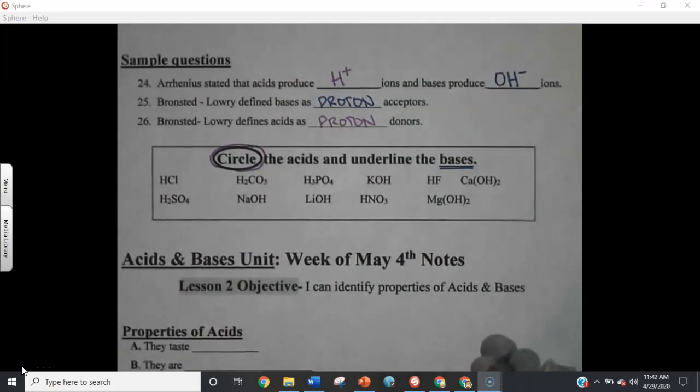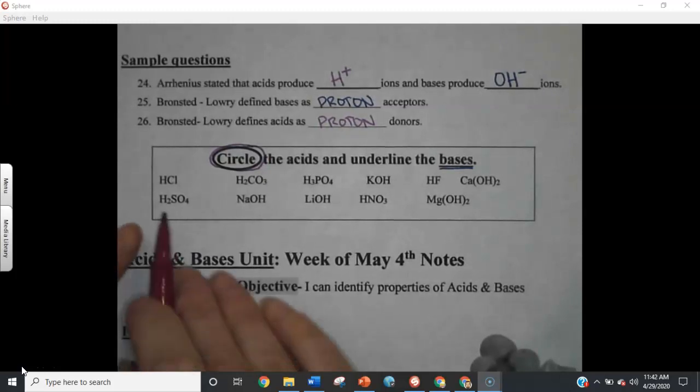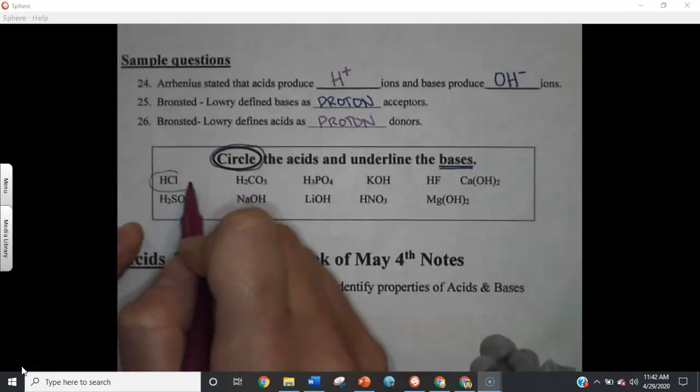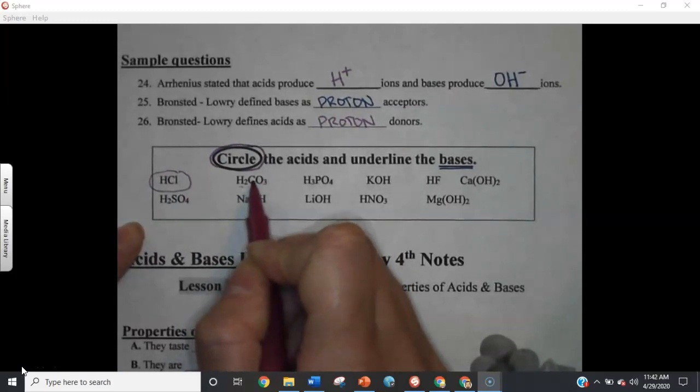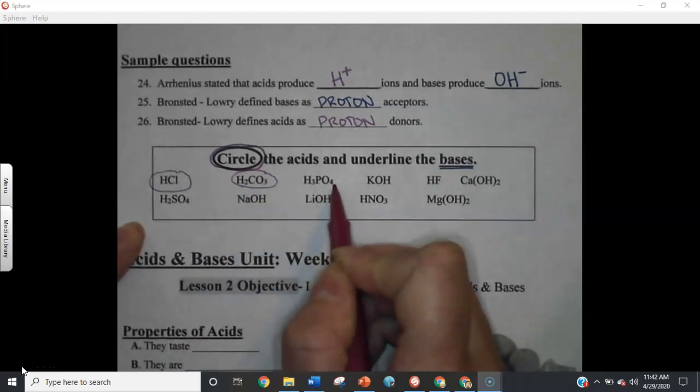Now, looking at this, being able to identify common acids and bases comes down to the hydrogen or the hydroxide. So we're going to go through and circle all of the acids and underline any bases. This one starts with H. I'm going to call that an acid. H2CO3, this would be carbonic acid. Phosphoric acid.